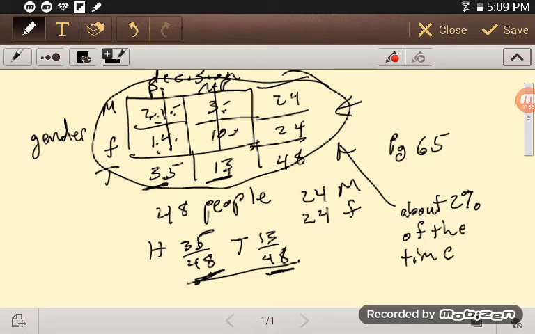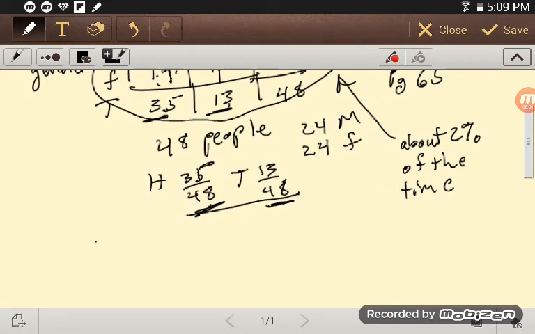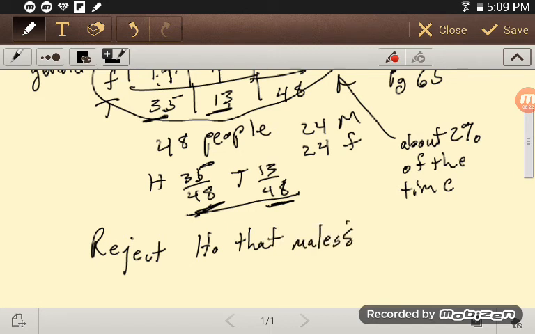And so if that's the case, then we would reject, and their null hypothesis was that the two rows were the same, or basically the males and females had the same chance. Reject H0, that males and females had the same proportion.